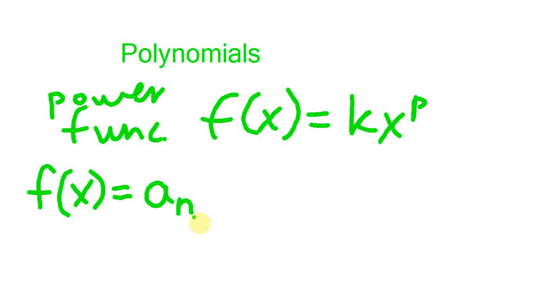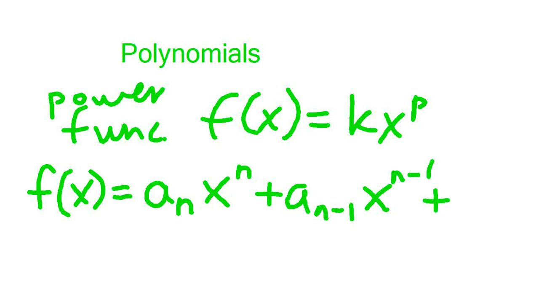We'll just use a sub n for any real number, x to the n, plus a sub n minus 1, x to the n minus 1, plus dot dot dot, a sub 1 x to the 1, or just x, plus a sub 0, and x to the 0, that would just be, anything to the 0 power would just be 1, so it's really just a constant term in this last term, a constant number.